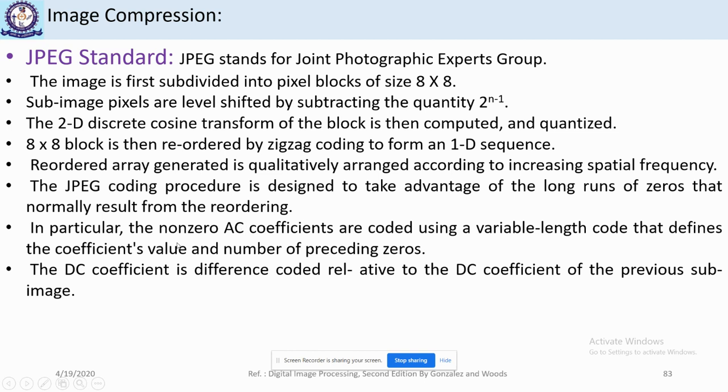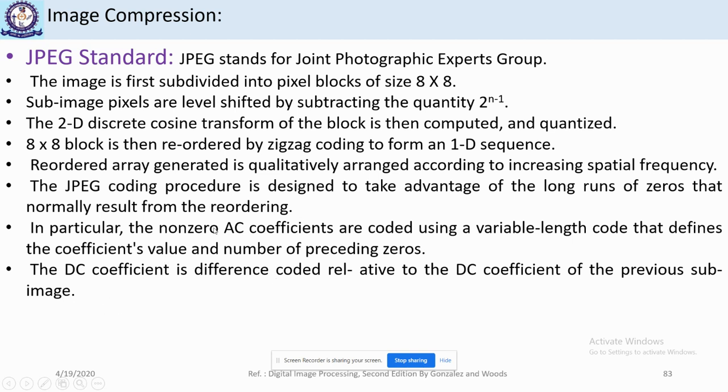That means how many zeros have appeared before that AC coefficient. In that fashion, the Huffman codes for the AC coefficients will be defined.